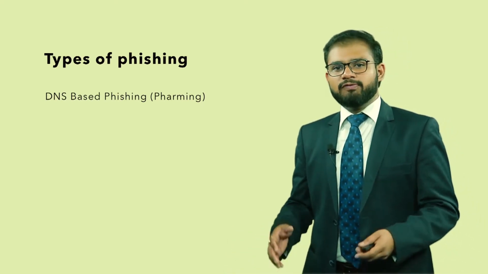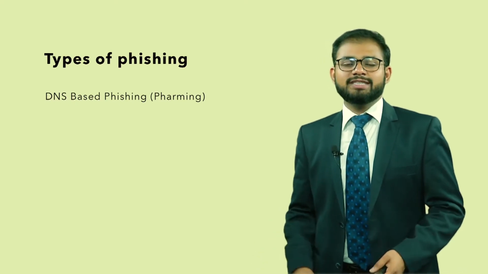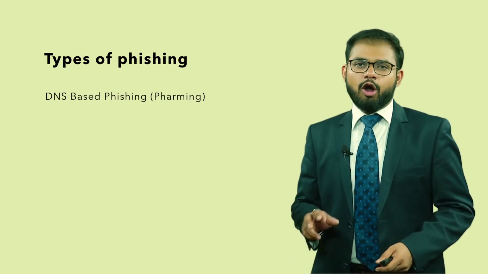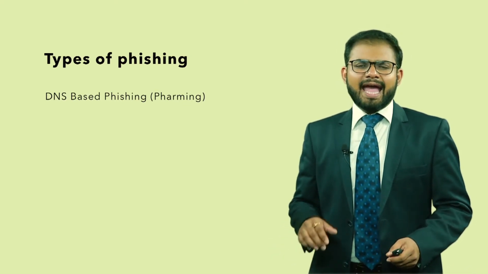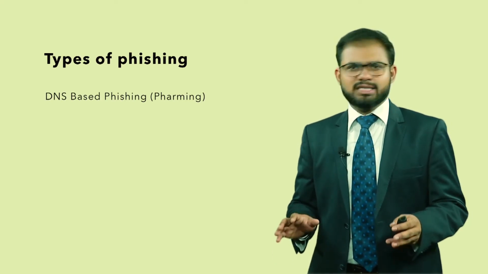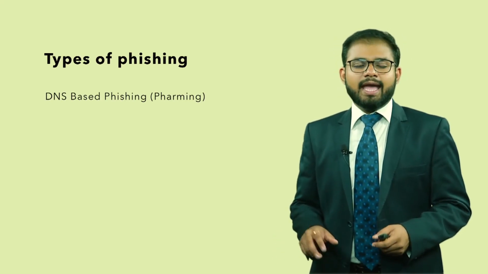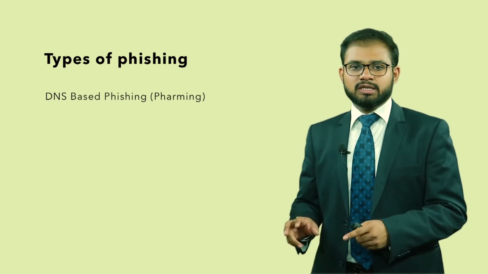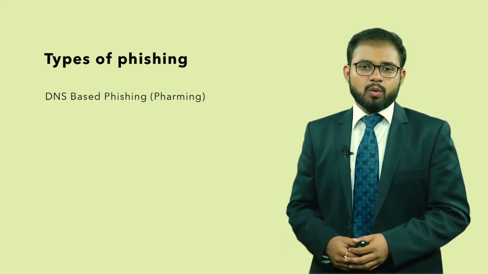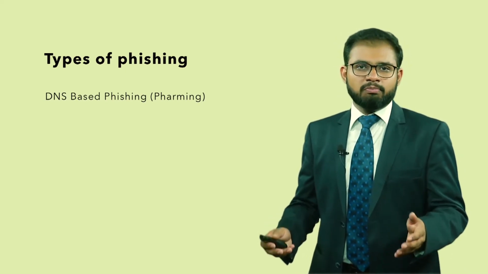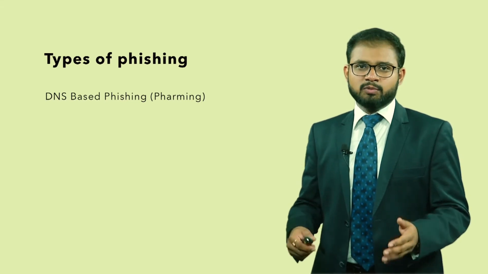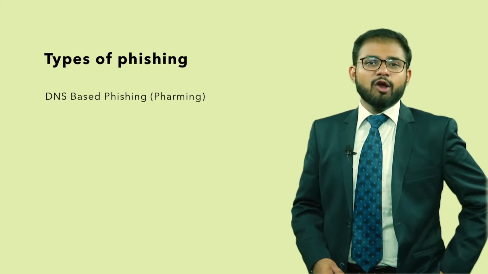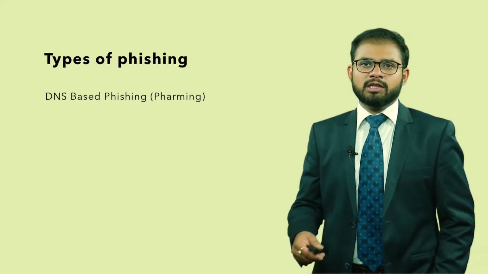Now, this is a form of phishing where the attacker changes the domain name or the DNS server of the existing website and creates a surreptitiously similar-looking DNS address and hacks the original site, which then redirects the visitors to a different DNS address, which is obviously a compromised DNS address. And the victim, who is unaware of the fact, loses his confidential details or data which he enters on this fake site.